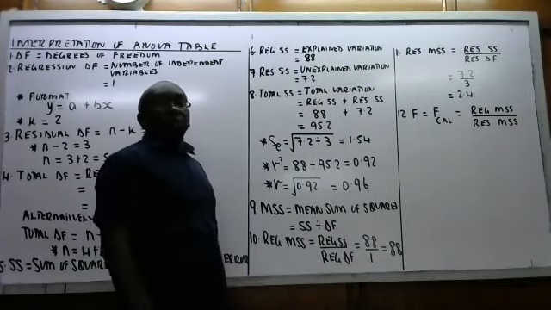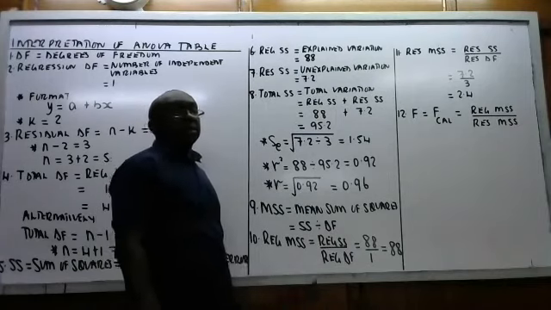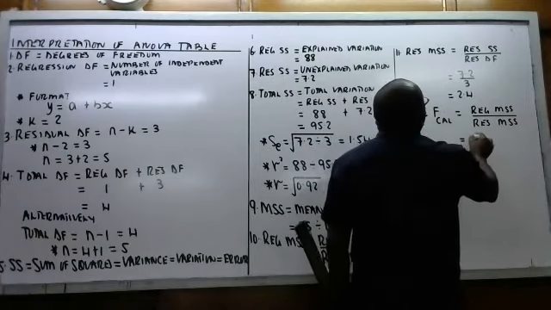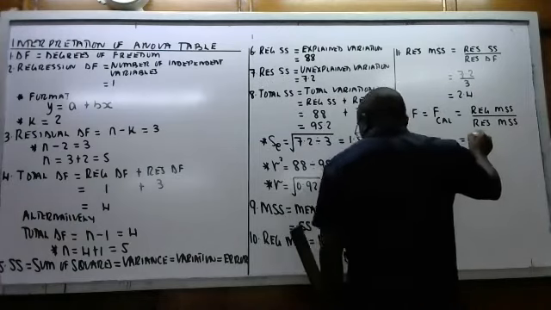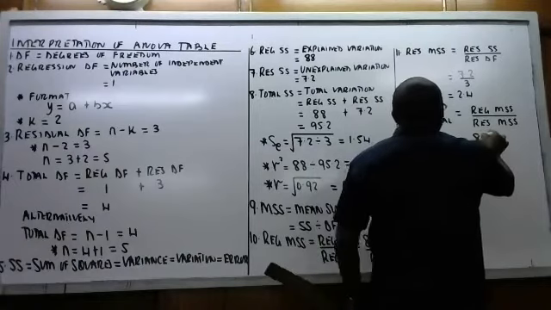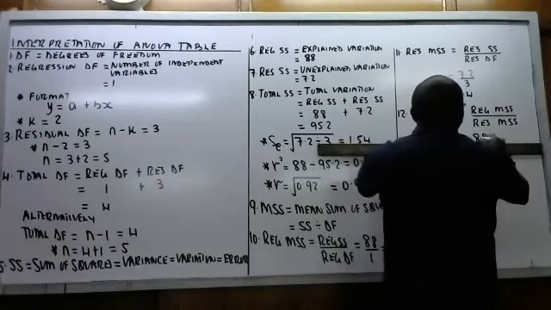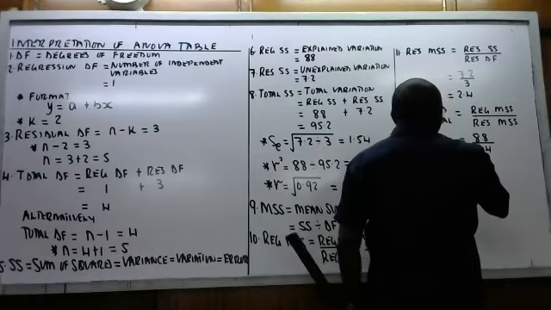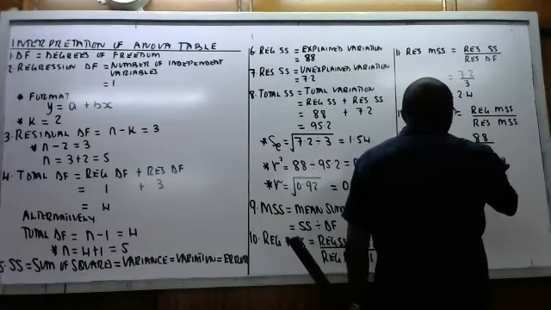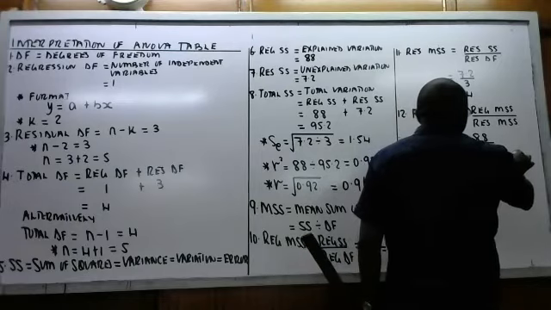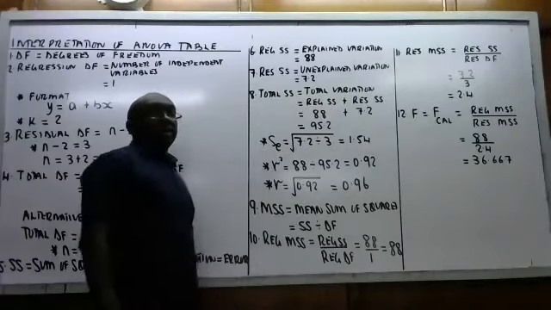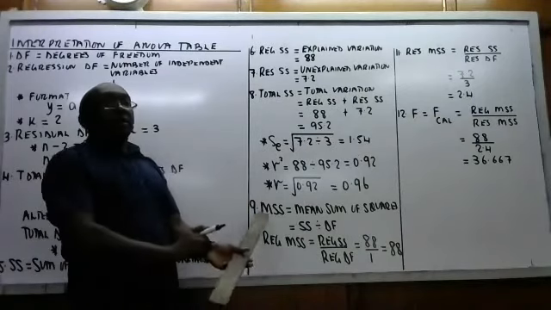Sasa, regression mean sum of squares is 88. You divide by 2.4, and the answer is 36.667. Is it the one that is given there? Good.